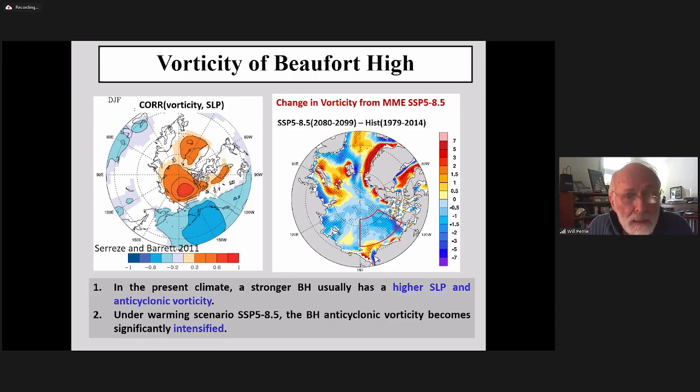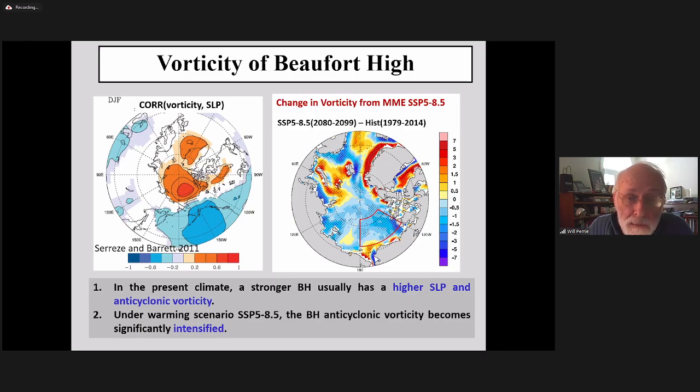What about vorticity? In the present climate, a stronger Beaufort high usually is related to higher sea level pressure and anticyclonic vorticity. But in the warming scenarios, changes in Beaufort high are related to anticyclonic vorticity under 4.5 and 2.5.